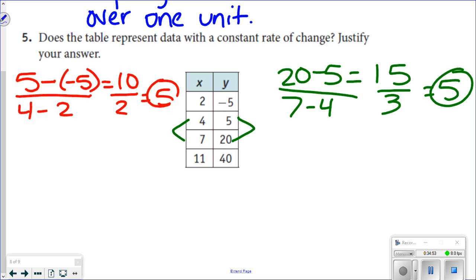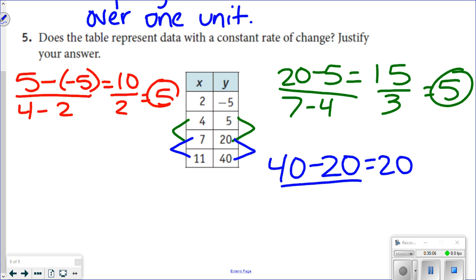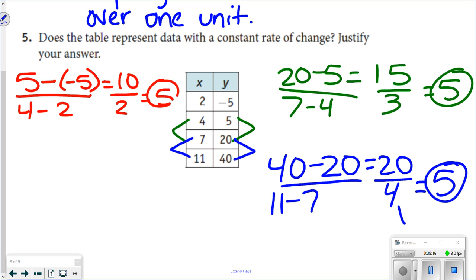But we have to keep going and see if they're the same from here to here and there to there. So from 20 to 40, how many numbers do we jump or move? 20. And from 7 to 11, 4. And what's 20 divided by 4? We get 5. So is that a constant rate of change? Yes.